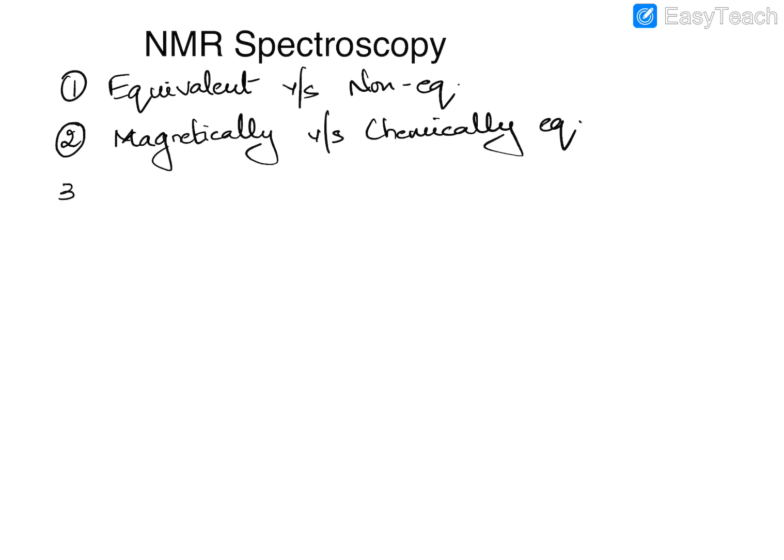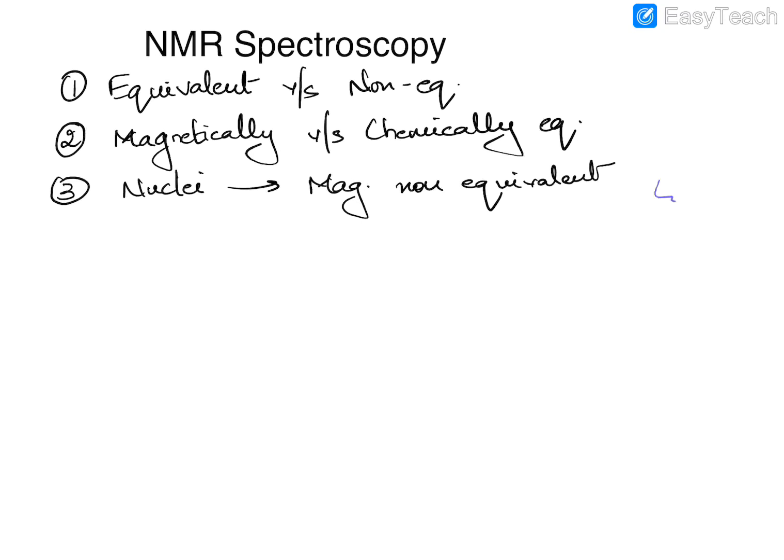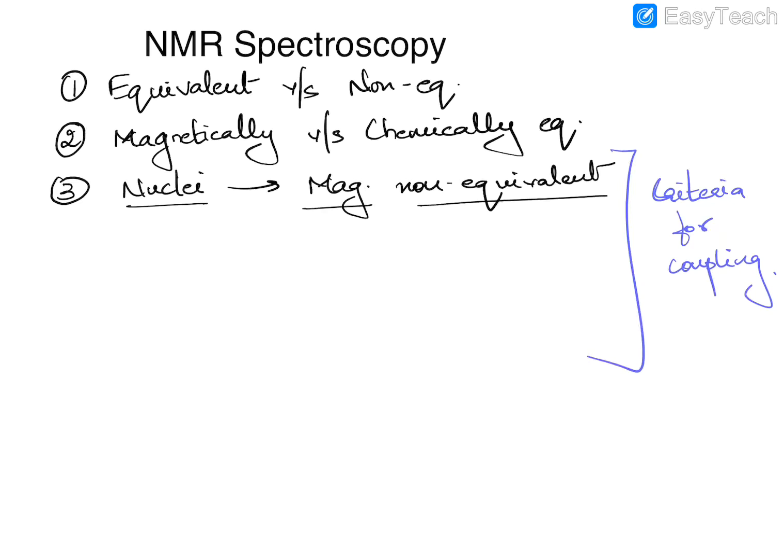Right? Now, another very important concept is that only those nuclei that are magnetically non-equivalent can couple. So now we are establishing criteria for coupling between nuclei. Okay, so only those nuclei that are magnetically non-equivalent are capable of coupling with one another.